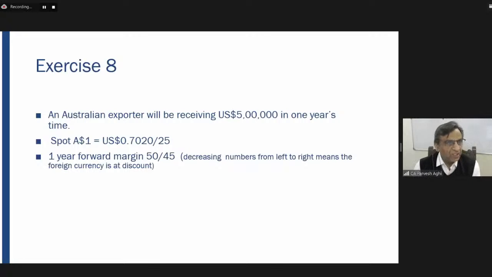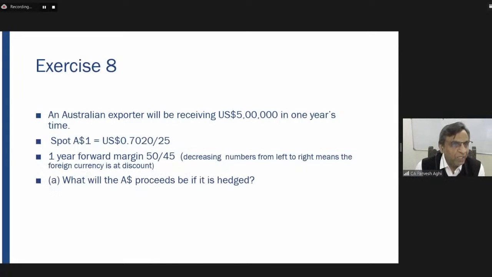So instead of adding them, we'll minus it. Now the question is, what will be the Australian dollar proceeds if it is hedged? He's an exporter, he'll be receiving $5 lakh, then he'll be converting them through his banker into Australian dollars.